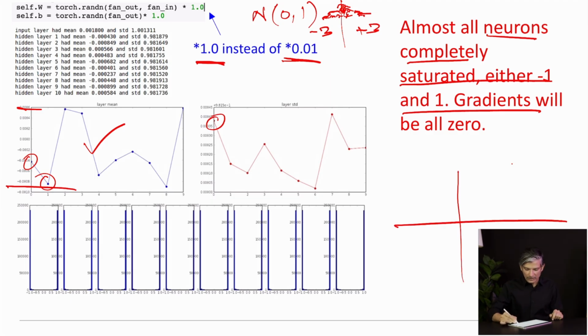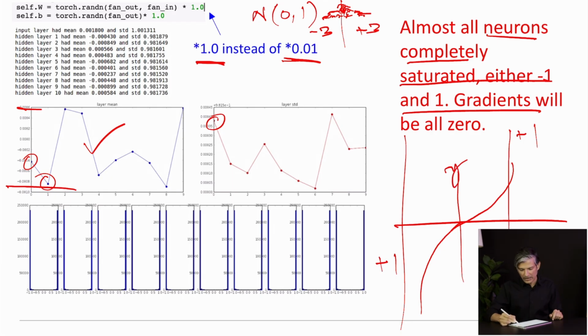A Tanh is a curve like this, right? And it's asymptotically approaching +1 and -1. So this is the y-axis. Y-axis is always the output, and this is our input, right? Sorry, so this is not what it looks like.